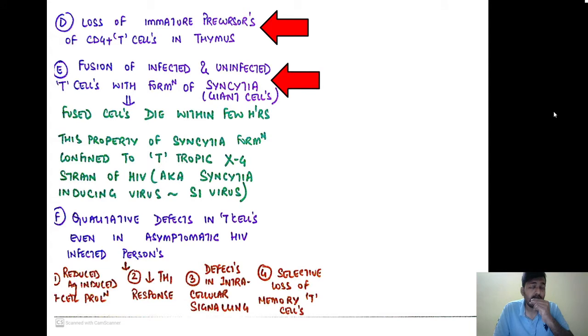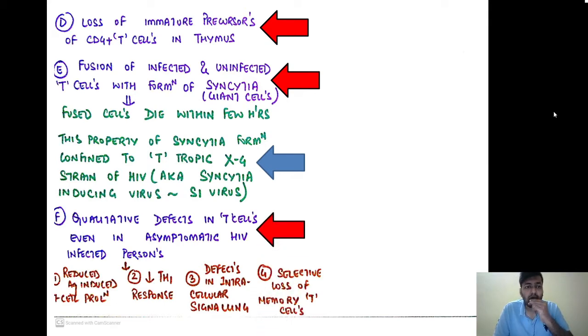Now, there can also be fusion of the infected with the uninfected T cell to form giant cells, also called syncytia. These fused cells are going to die within a few hours. This property of syncytia formation is confined to the T-tropic or X4 strain of HIV, therefore it is also known as syncytia inducing virus or SI virus.